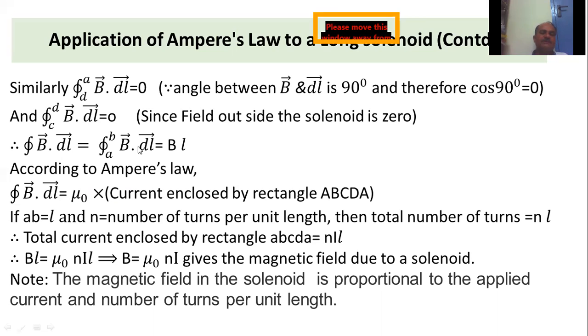The RHS of one equation is BL, and the RHS of the other is mu naught nIL, and here L gets cancelled, so we are left with B is equal to mu naught nI, which gives the magnetic field due to a solenoid. Note that the magnetic field in the solenoid is proportional to the applied current and the number of turns per unit length. So in this way, we calculated the magnetic field due to a solenoid.